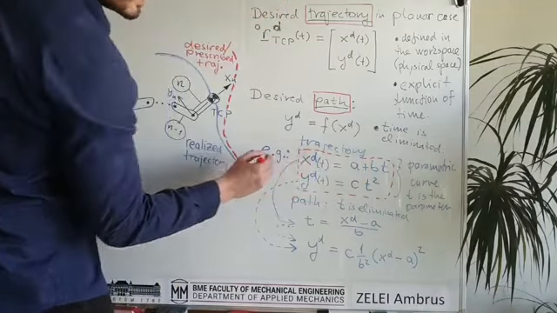And the thing is that there is a mapping between the two spaces. So in this direction it is called direct kinematics. And the opposite calculation means inverse kinematics, or inverse kinematic calculation.